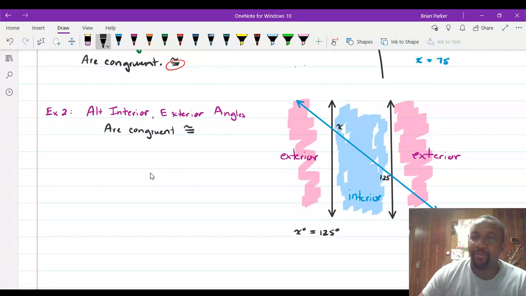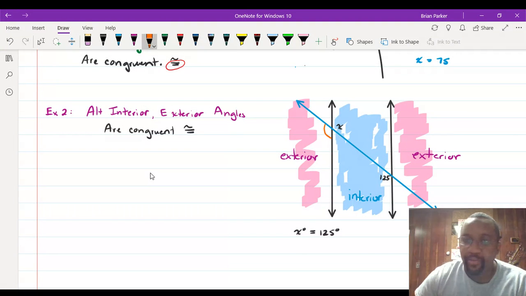And it's the same for the exterior angles. We're talking about this angle here and this angle here.